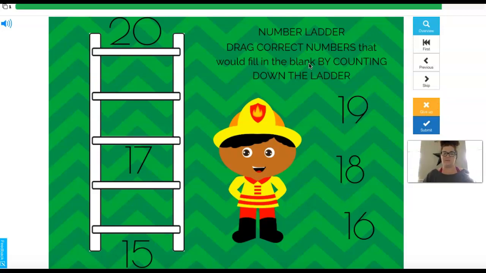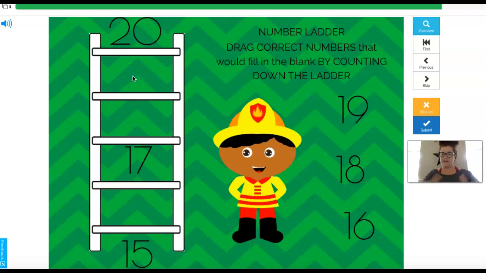So which numbers are going to go in this space, and this space when I'm counting down the ladder? Ooh, let's see, 20. That one's a tough one. 20, what's 1 less than 20?